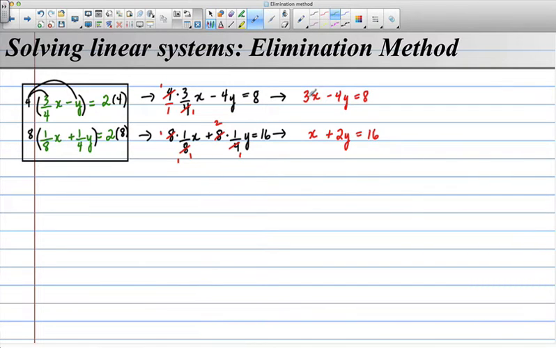Now, take a look at both equations. We have a minus and a plus here. If we multiply the second equation by 2, we will set up a situation where we will eliminate the y's.